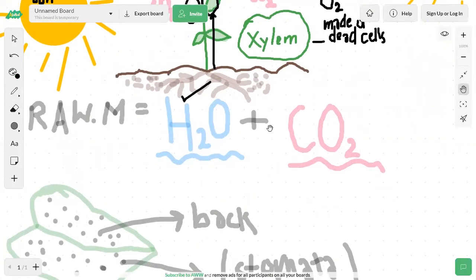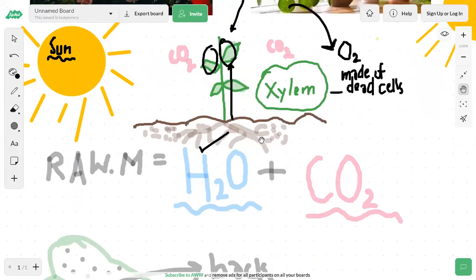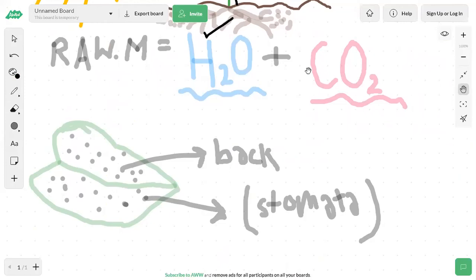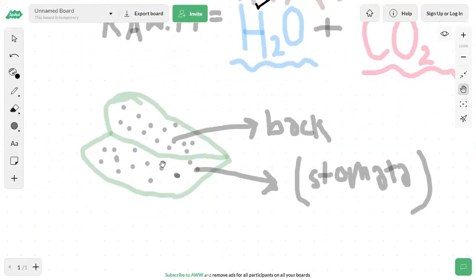Now, the second question is, how is carbon dioxide taken in? How does the plant get carbon dioxide? Well, the process is comparatively similar and simpler from how water is taken in. So basically, the plant has leaves, and this is where essentially photosynthesis takes place.